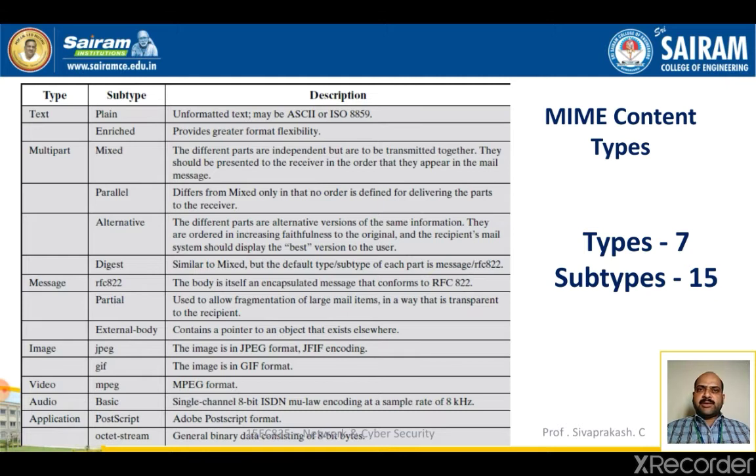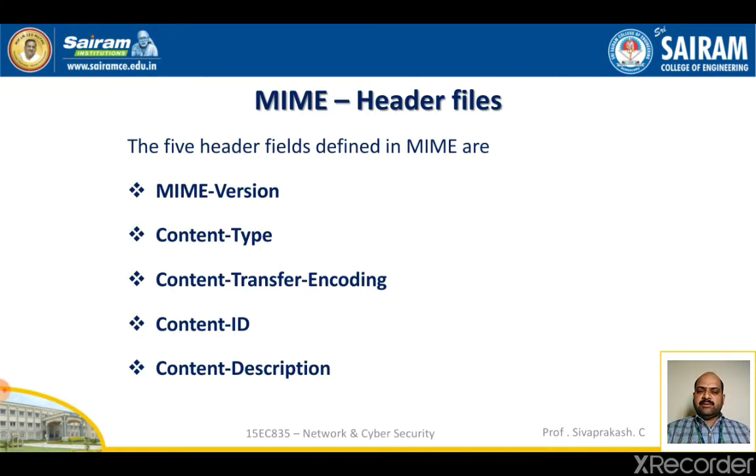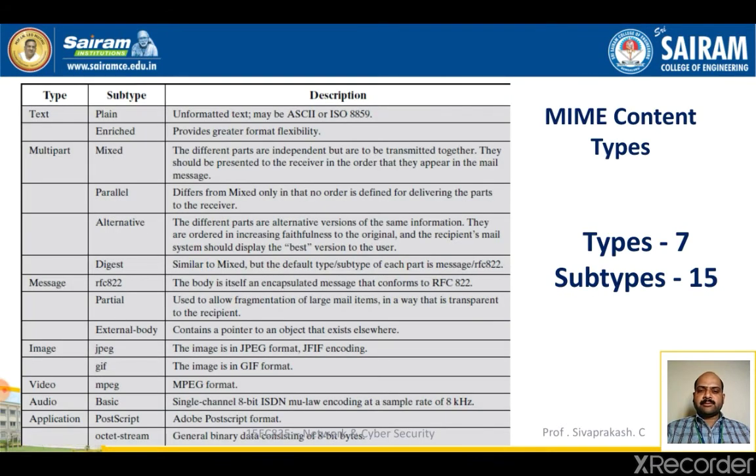The various parts are different representations of the same information. They are ordered in increasing faithfulness to the original, and the recipient mail system should display the best version to the user.